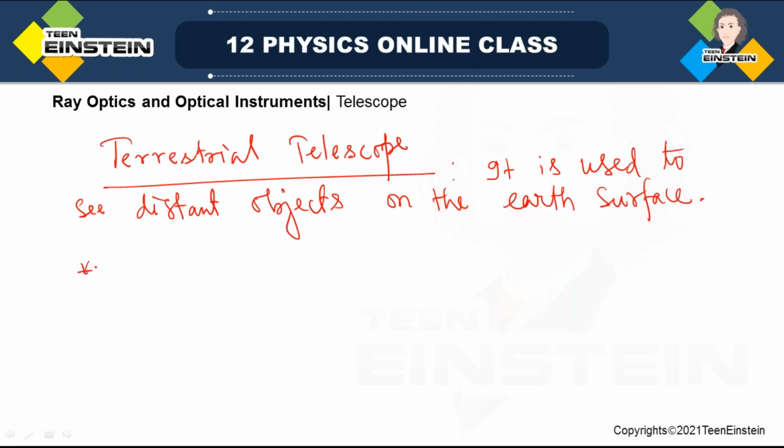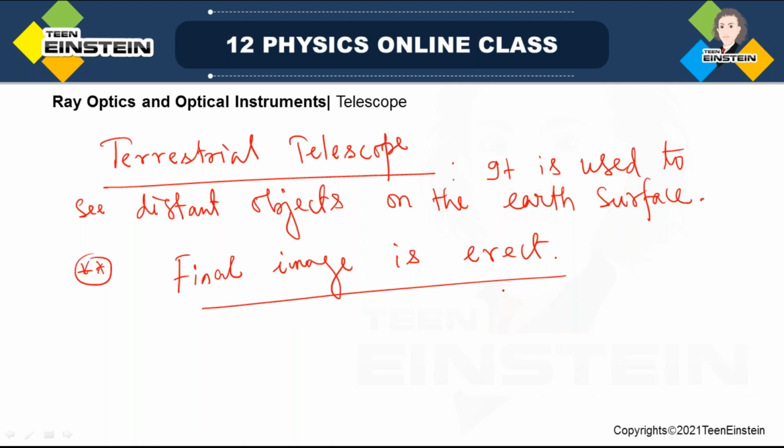And in this case, since we are seeing objects on the earth surface, the final image has to be erect. This is an essential condition for viewing objects on the earth's surface, otherwise it is difficult.